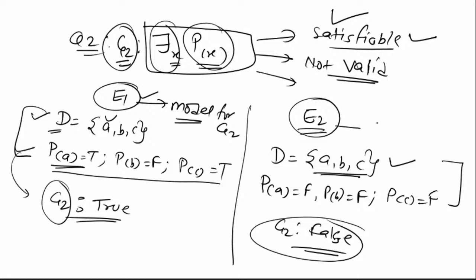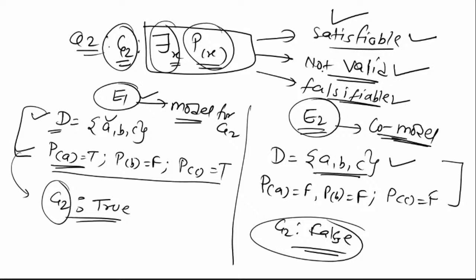This E2 is a co-model. Hence we can make G2 false, so we can call it falsifiable. Falsifiable means somehow you can make it false. Because there exists a co-model, this is falsifiable. This is not valid, and this is satisfiable. So this is how you can check.